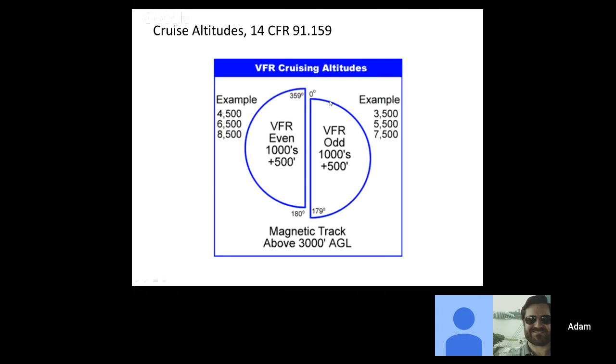IFR traffic will be using the same odd and even rules, but they won't have the plus 500 feet. They'll just be odd or even altitudes: so 3,000, 5,000 over here, and 4,000, 6,000, 8,000 over here.